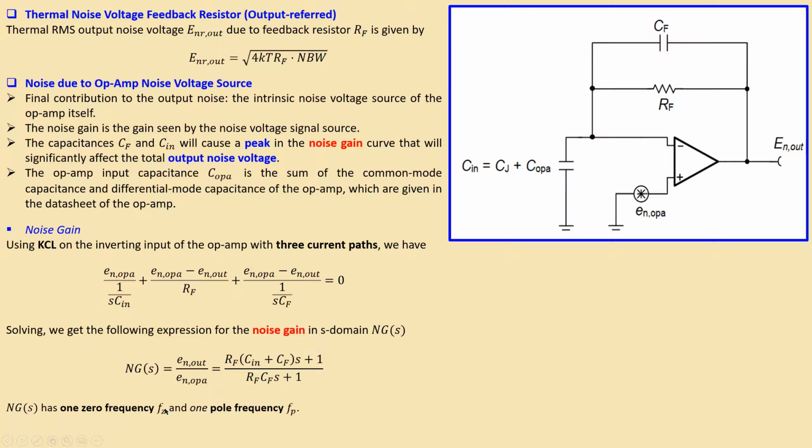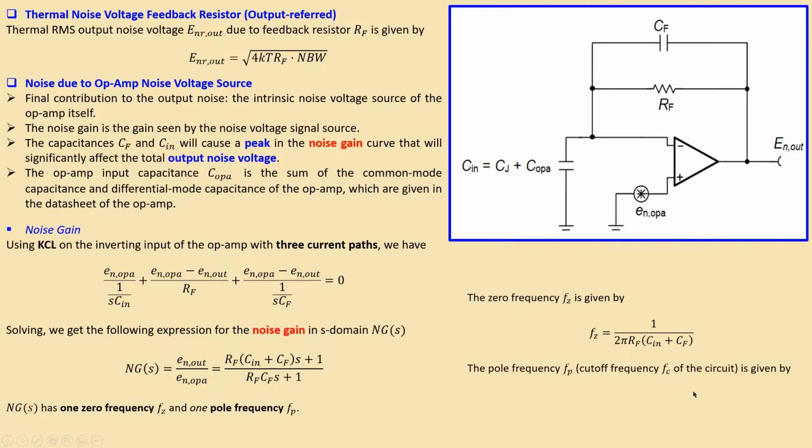So you have one zero frequency and one pole frequency. The zero frequency is given by this expression, and the pole frequency, which is the cutoff frequency, is also given by this expression. You will of course need to use this in the noise analysis in our example.